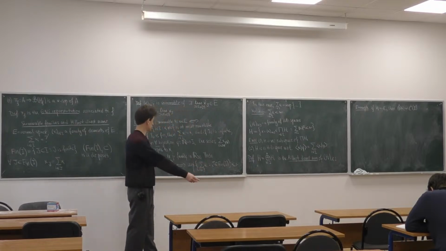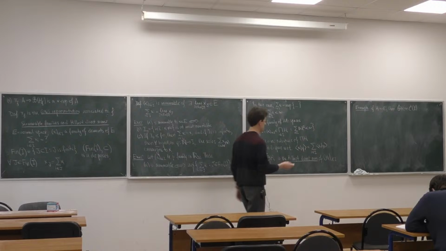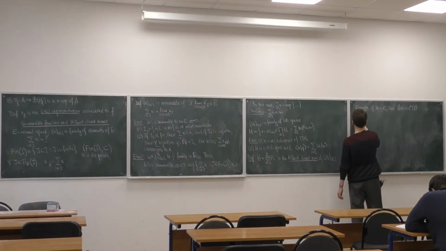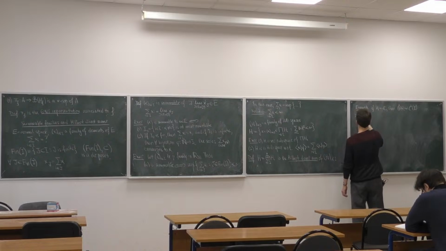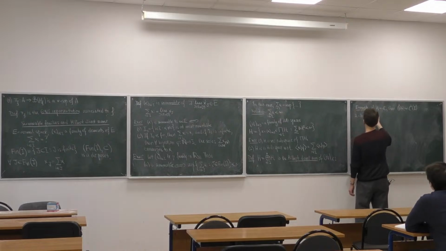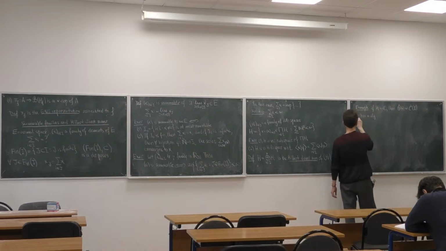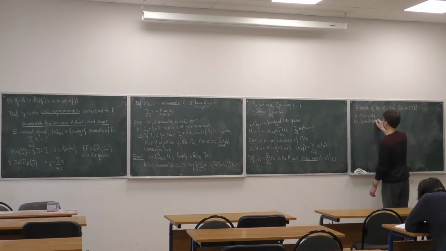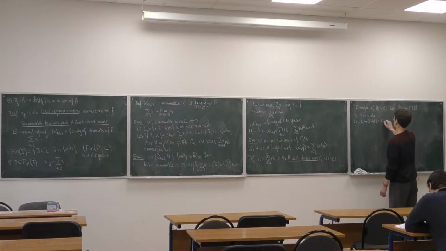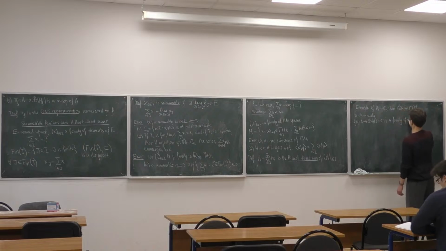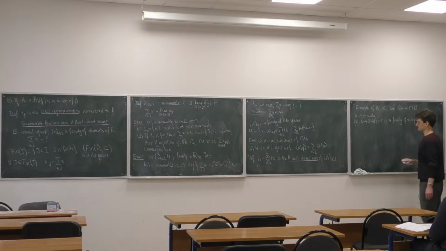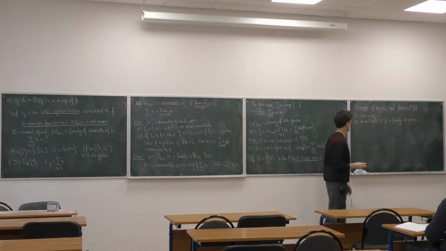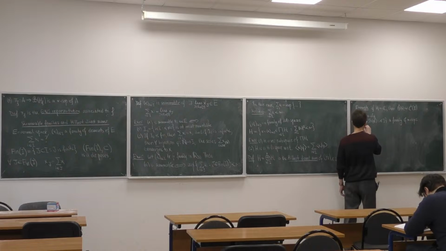Let's now extend this construction to representations. Suppose now we have a Banach star algebra. So let A be a Banach star algebra, and suppose we have a family pi_i of star representations of A on the Hilbert spaces H_i. And as before, we denote by H the Hilbert direct sum of this family.